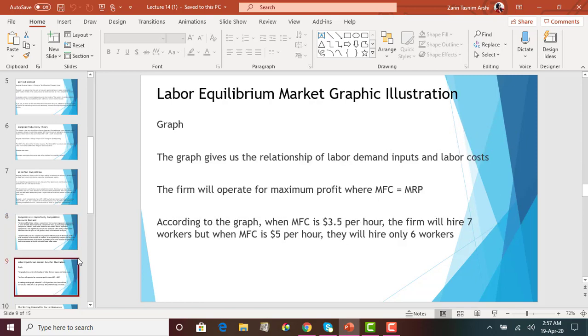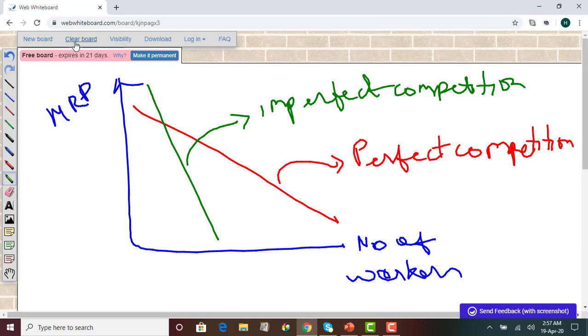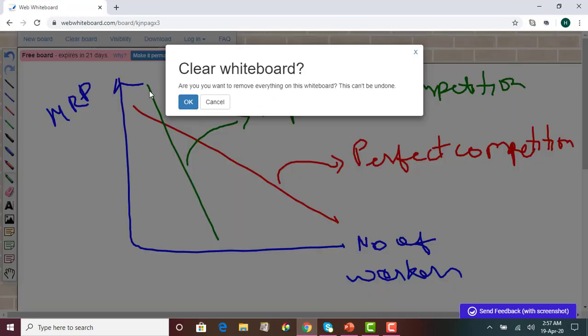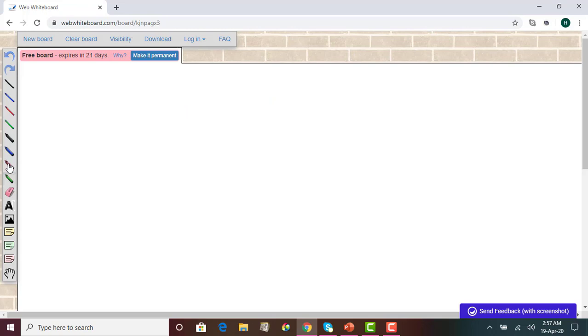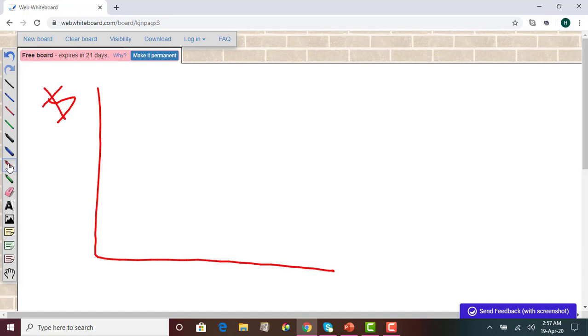Now, for the labor market, we have a graph, and I wanted to show you. It's not very important, but just have a brief idea. Basically, in the labor market, this is your wage, and this is your quantity of labor.